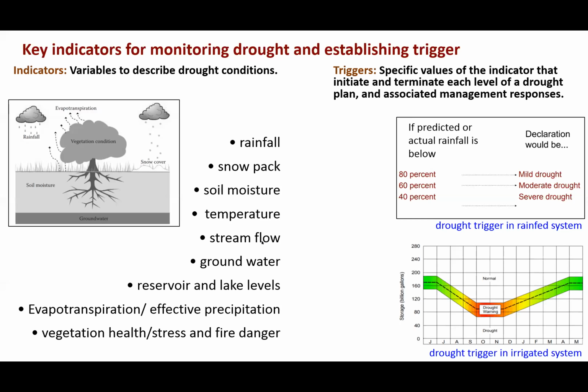For example, if I talk about the HKH region, rainfall is particularly important in countries like Nepal, where monsoon rainfall, the summer rainfall, is the major source, and agriculture also partially depends on glacier melt.